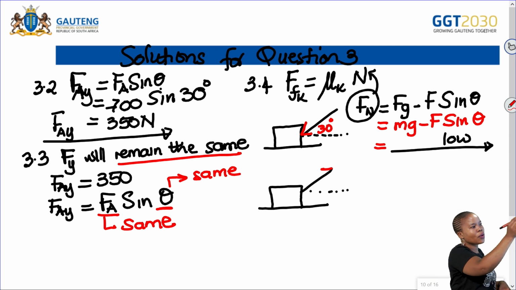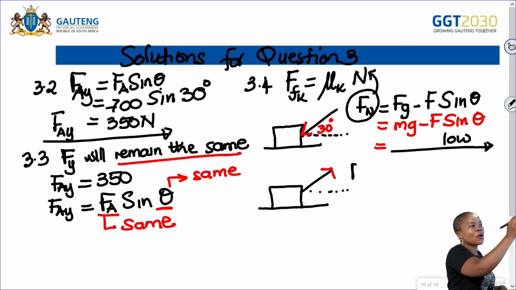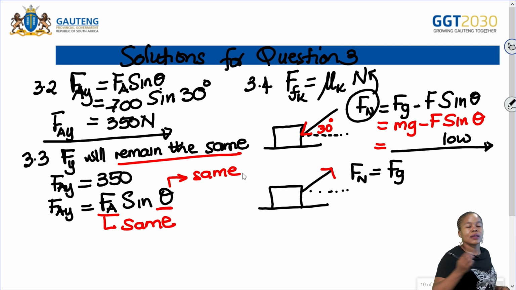So my arrow is here. The way I calculate my normal force is going to be affected, because now my normal force is equal to Fg, but remember there's an angle of 30 degrees here.